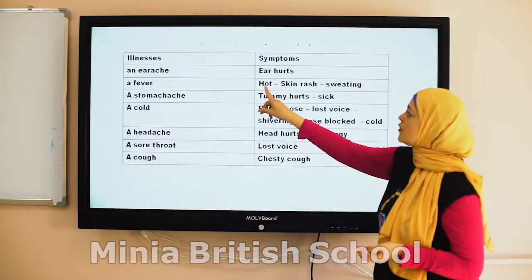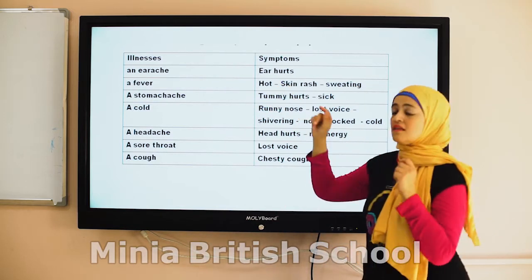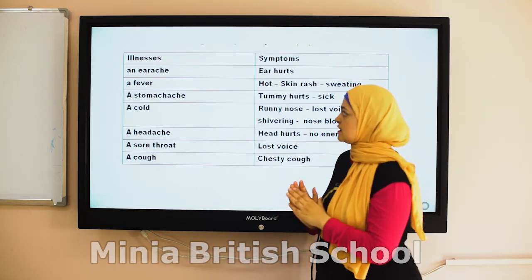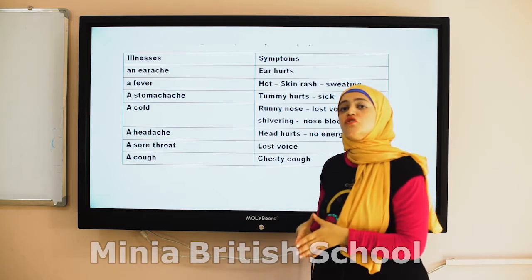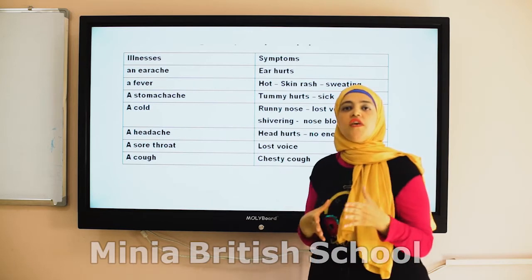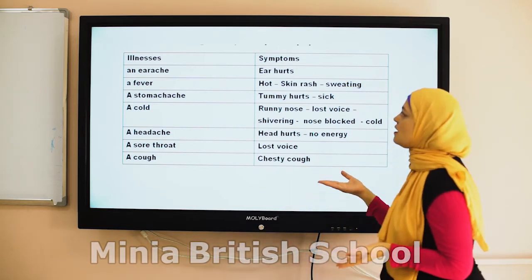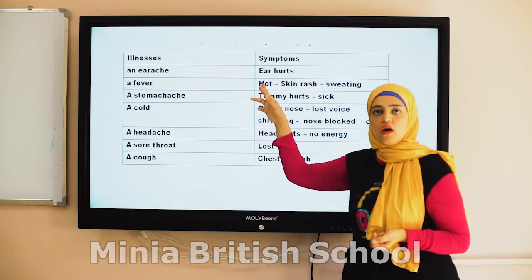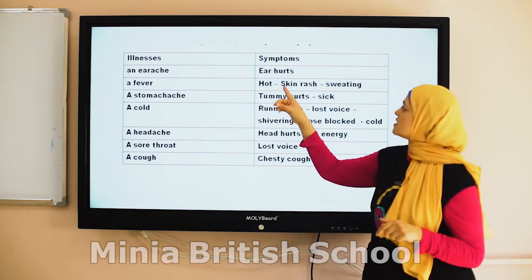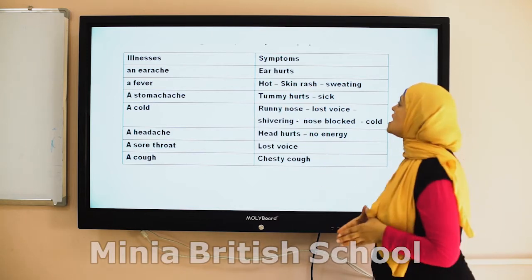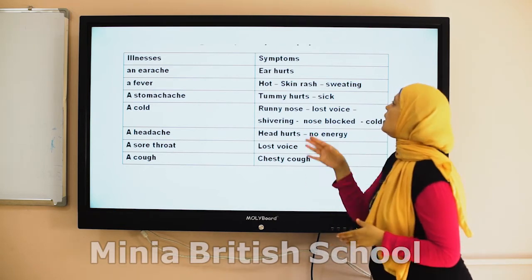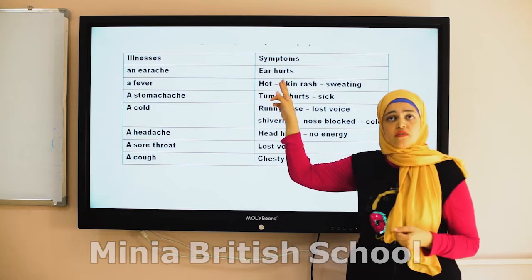For Eric, his ears hurt. For a fever, if I want to know the symptoms, what does he feel? He feels hot, or he has a skin rash, or he is sweating. So those are symptoms.